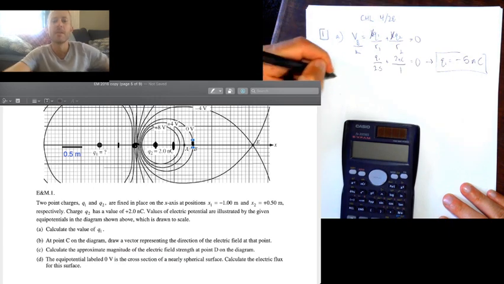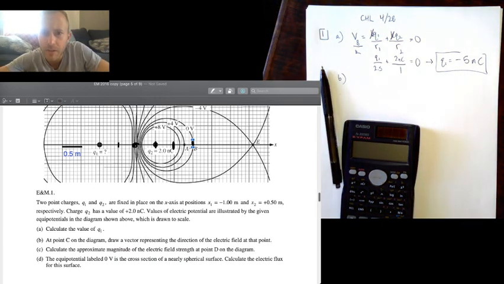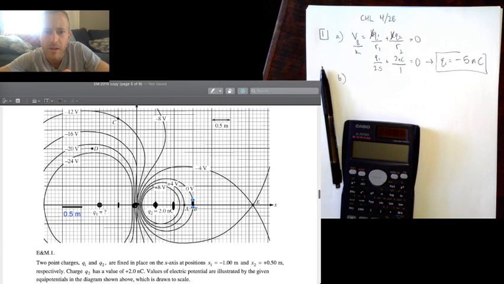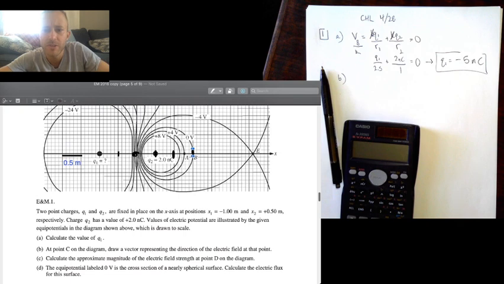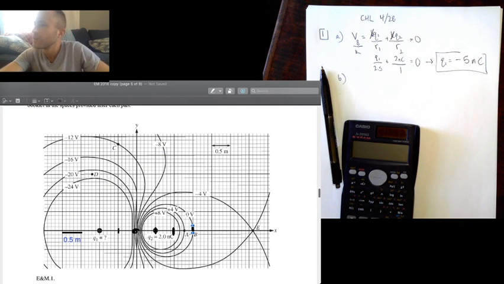All right. B, at point C on the diagram, where is point C? Oh, there it is. Draw a vector representing the direction of the electric field. So we know that the electric field points perpendicular to the equipotential, and it points in the direction of more negative equipotentials.